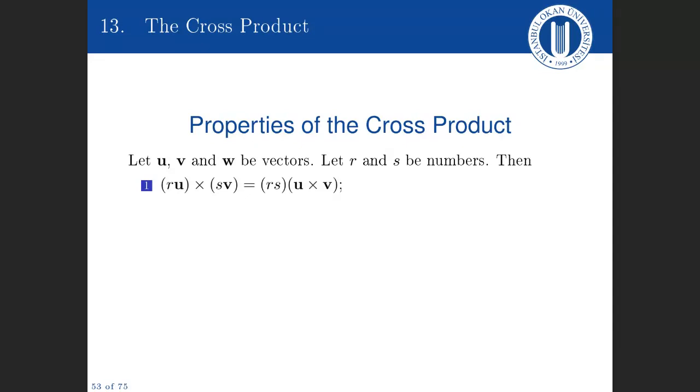Let me talk about some properties of the cross product. Here, U, V, and W are vectors, and R and S are numbers. RU cross SV, we can move the numbers away from the vectors.